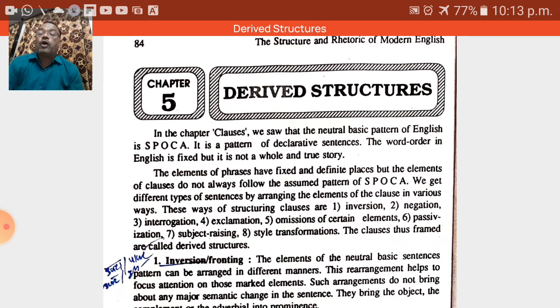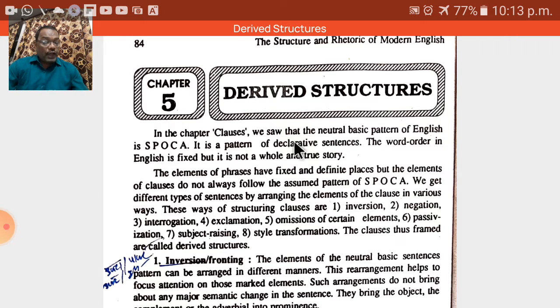These ways of structuring clauses are inversion, negation, interrogation, exclamation, omission of certain elements, passivization, meaning passive and active voice, subject raising and style transformation. The clauses thus framed are called derived structures.